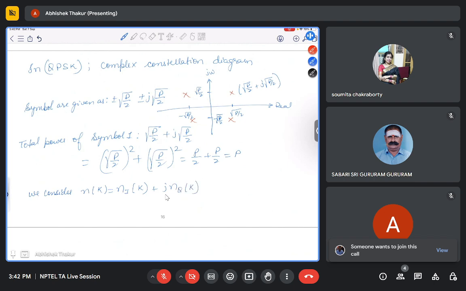What is n_I and n_Q? n_I is the in-phase and n_Q is the quadrature phase Gaussian noise component. n_Ik, n_Qk denotes in-phase and quadrature Gaussian noise.